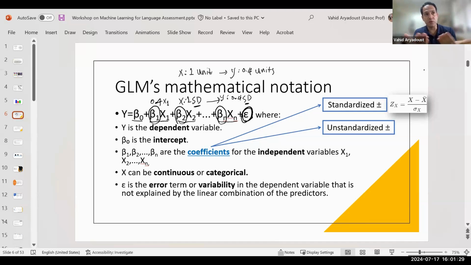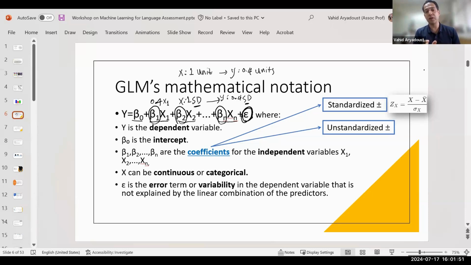So those kinds of effect sizes are standardized, and so are these coefficients in regression models. But for unstandardized coefficients, I would say the advantage of using them is that you can interpret them in terms of the units, because the units refer to the actual raw data that you were using before.